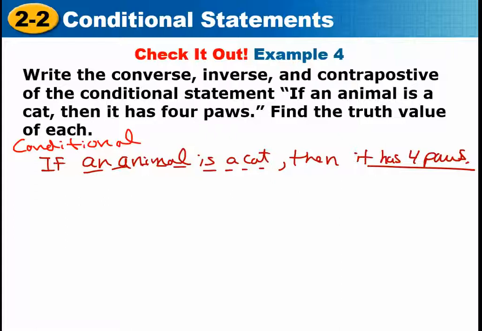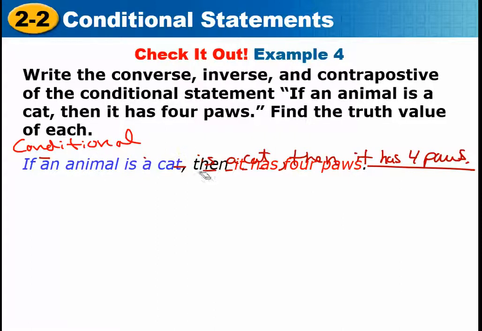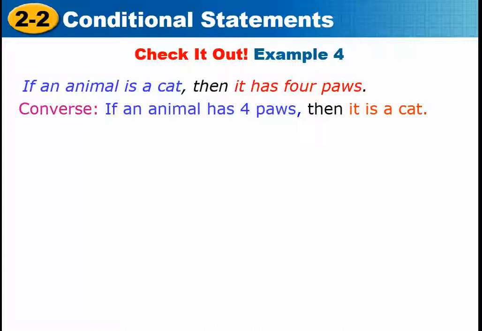Now we're supposed to write the converse of that. Actually, is that a true statement? Unless there's something wrong with the cat, it's true. So we'll start with our conditional statement, and it's a true statement in general. Don't look for the one kind of cat that you've heard of that only has 3.